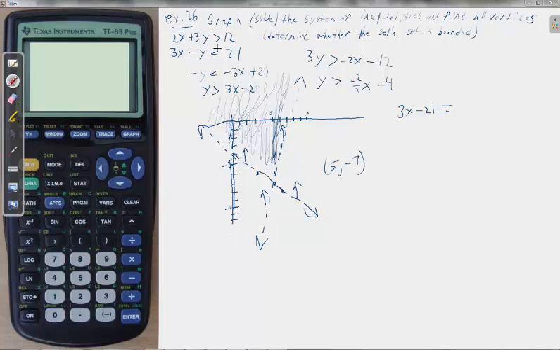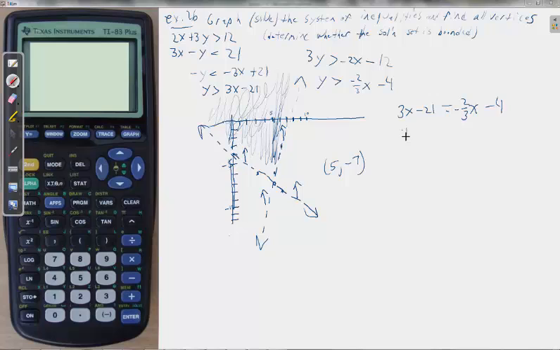Let's actually just check that. If it were 5, it'd be 10 minus 7 minus 21, which would be negative 11. No, that doesn't look right. Okay, so it's probably not that. Let's see, 3x minus 21 equals negative 2/3 x minus 4. So I get all the x terms on one side. Might as well clear fractions as well.